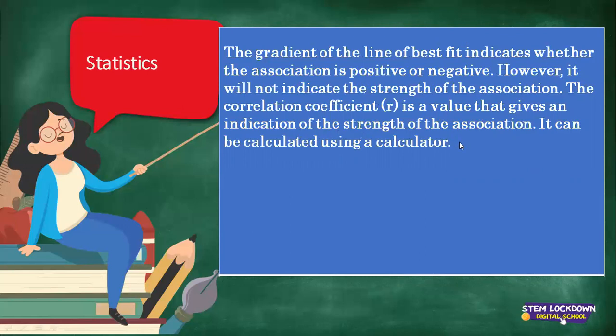The closer it is to 1, the stronger it is, and the further it is from 1, the weaker it is. It's calculated using a calculator, so let's see how to calculate our correlation coefficient using the calculator.